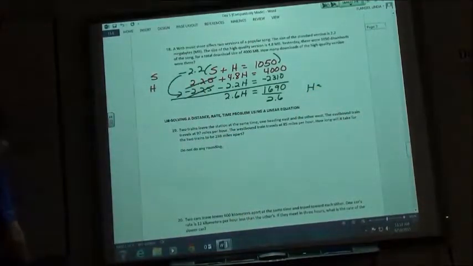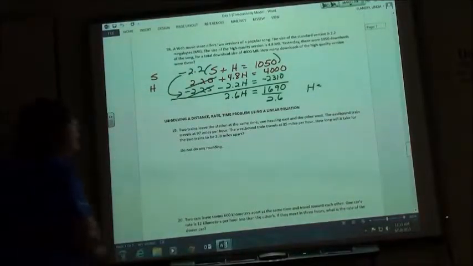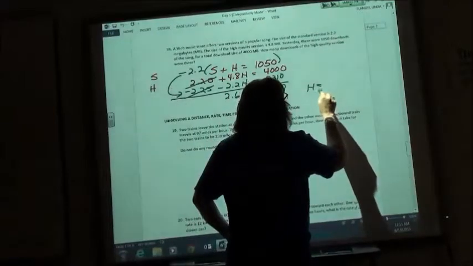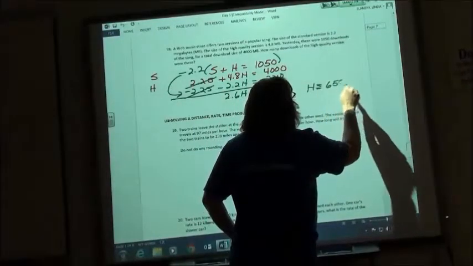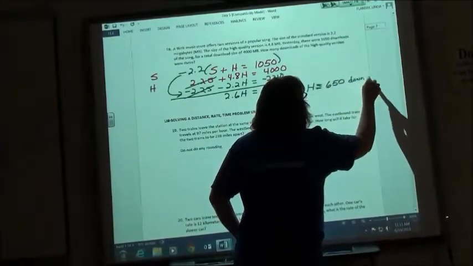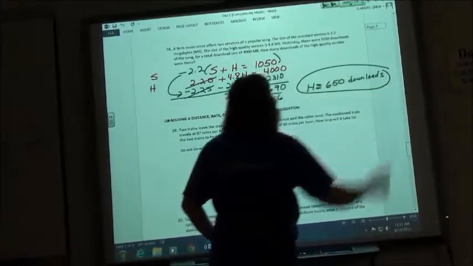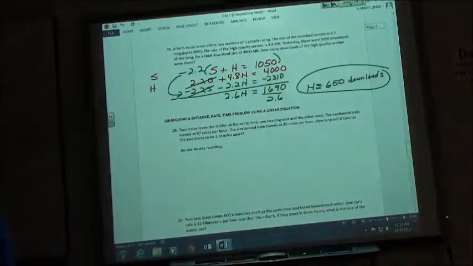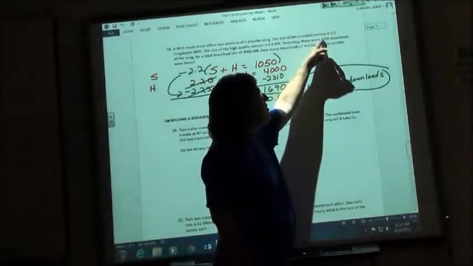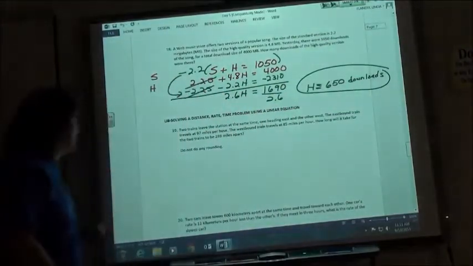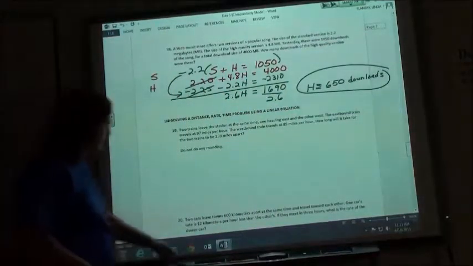And so if I take 1690 and divide it by my 2.6, I get 650. So how many downloads of the high quality version were there? There were 650 out of the 1,050, so that would make sense in terms of my problem.